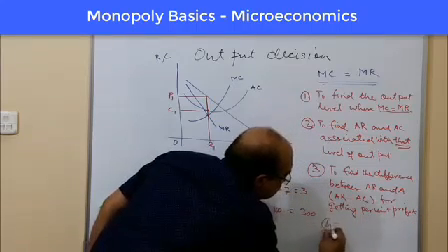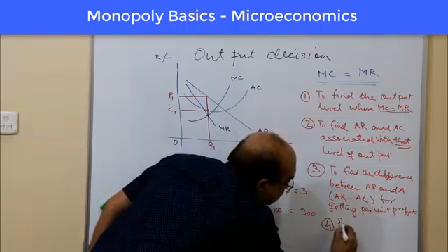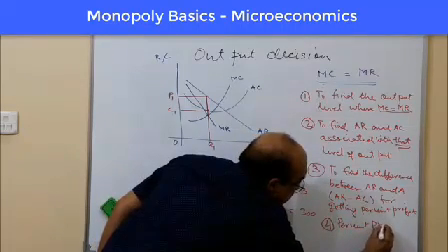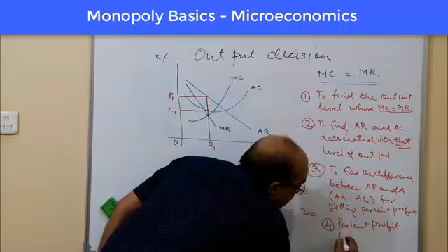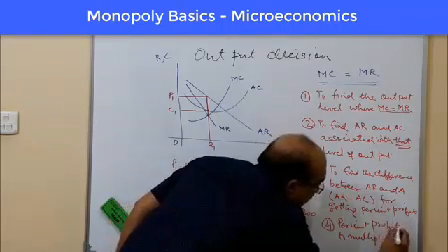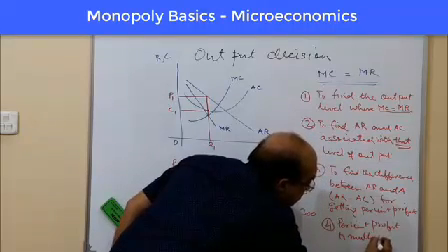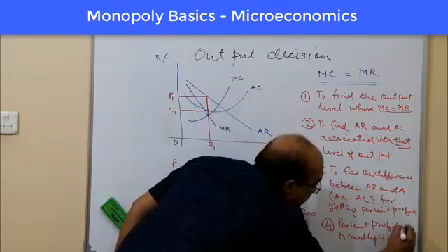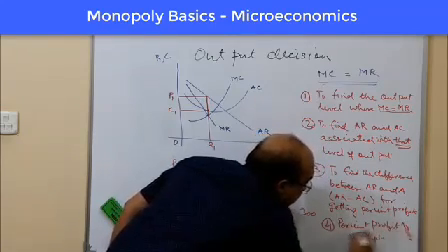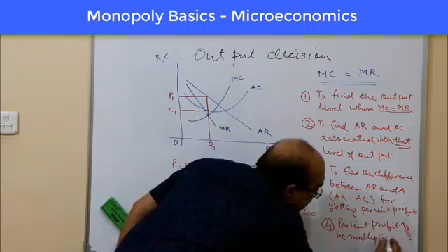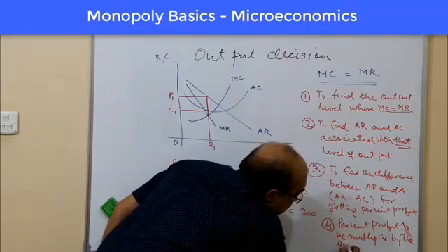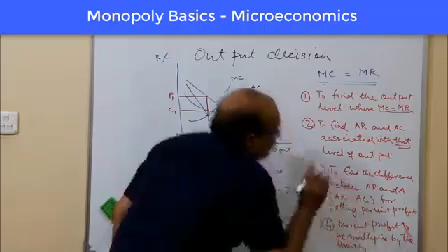And fourth is this profit per unit to be multiplied by the quantity. This will give you the total profitability.